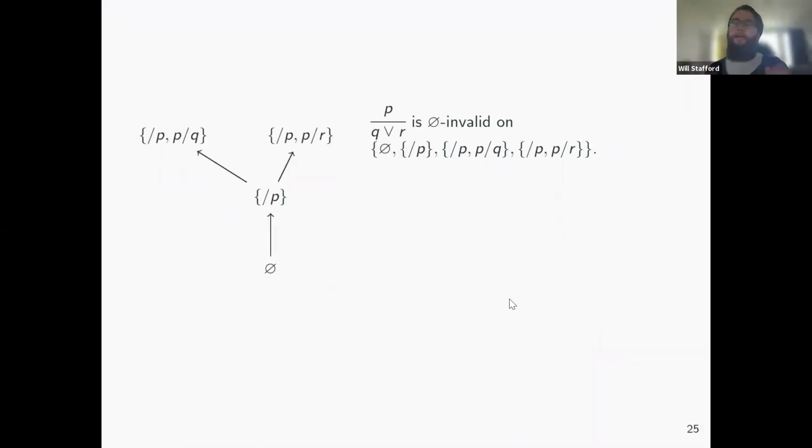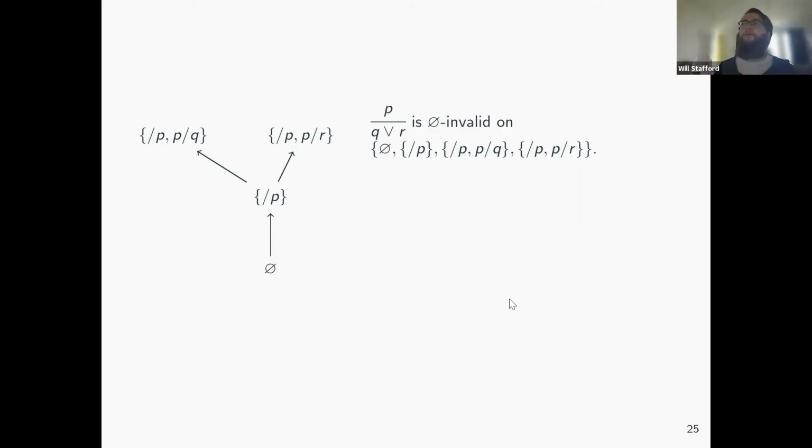Okay, so let's take that second system, the one where we have this set of P all on its own. In this system, the one-step inference that goes from P to Q or R is going to be invalid relative to the empty set.